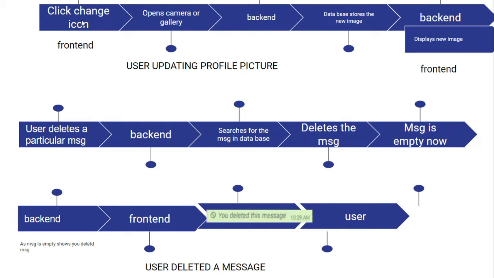When we click on an icon, say the edit icon for updating the profile picture, it will ask us to add a new image. After adding a new image, we send the data to the backend, where we process the data and save it into the database, right? Then we display the updated image. Similarly, for deleting a message, we send a request again to the backend. Backend is responsible for deleting the record from the database.